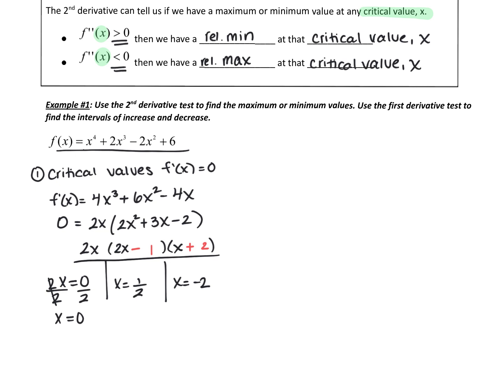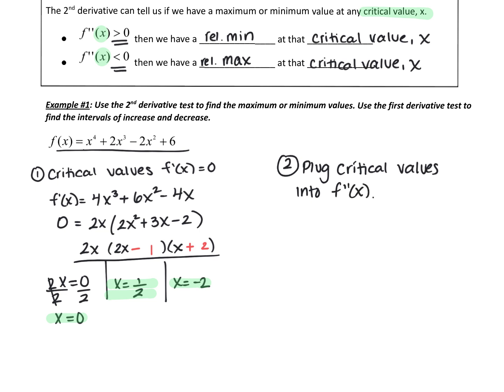If I want to find if I have a maximum or a minimum value, all I need to do is plug these answers that I got here, which I'll label in green to show you they're critical values, into f double prime. So the second step: plug critical values into f double prime of x.